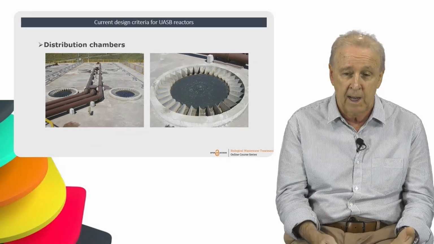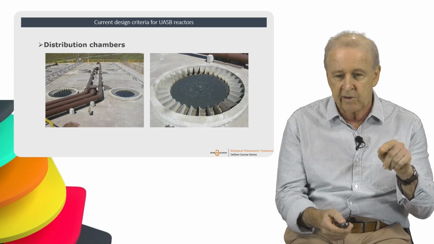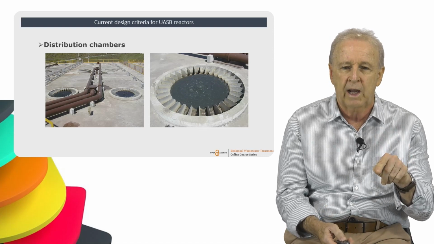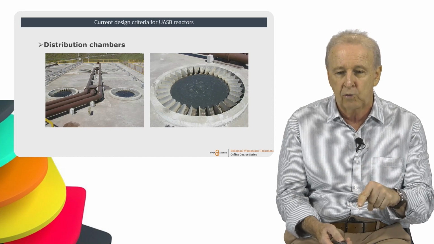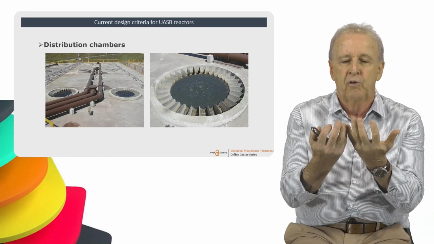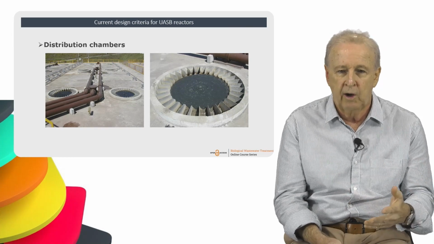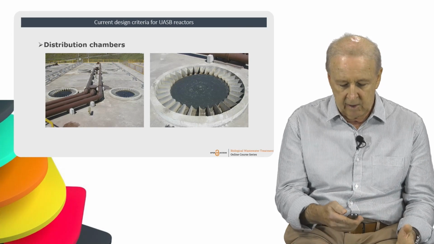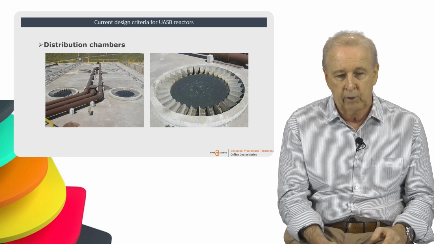So it's a lot of pipes, but this is very important because each pipe has a specific location inside the reactor to distribute the wastewater at that point, and from that point onwards, we have the upflow movement using the whole amount of sludge, of biomass, along the whole bottom area of the reactor.